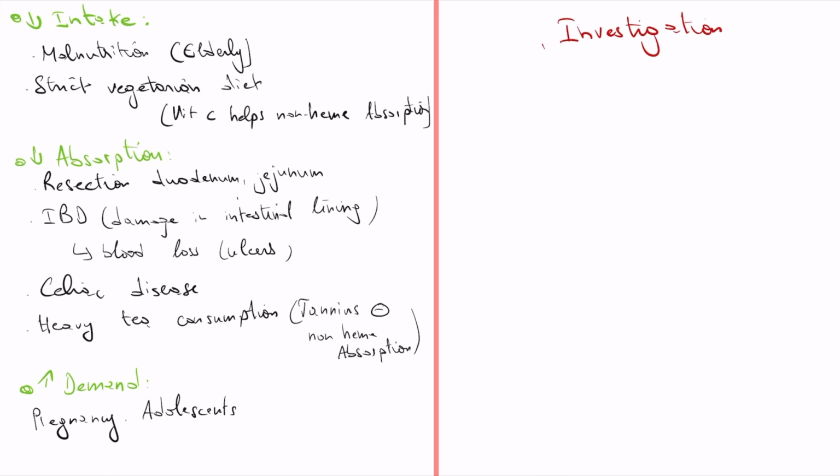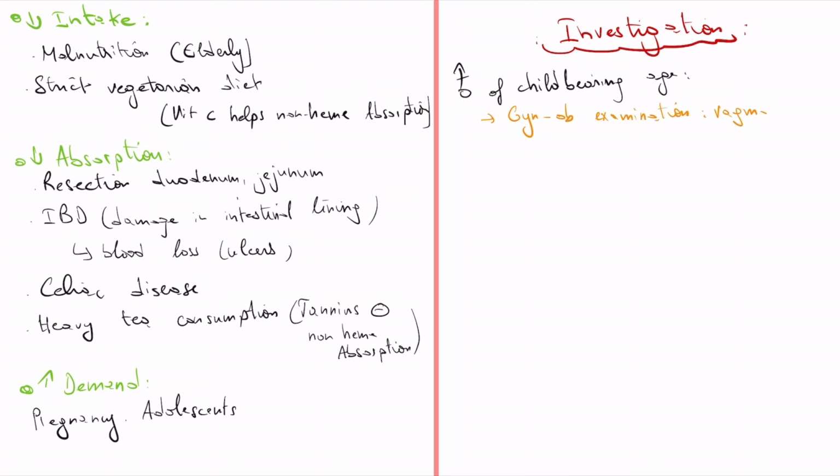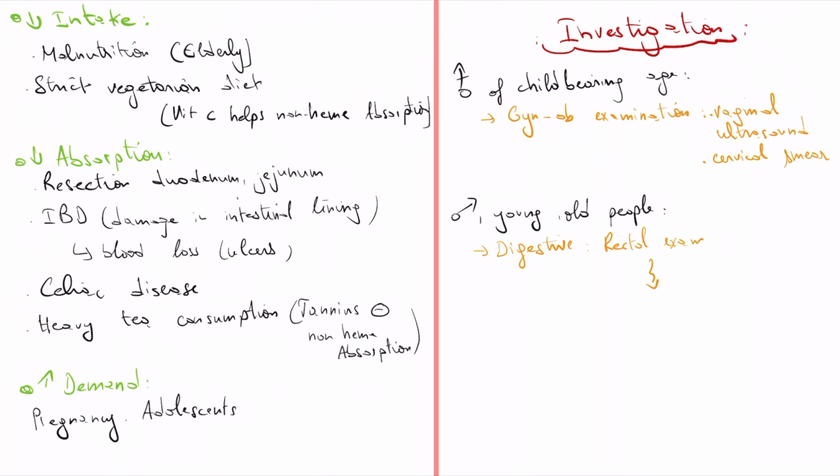For investigations, if it's a woman of childbearing age, you need to do a full gynecological examination from vaginal ultrasound to cervical smear. If it's men, older women, or kids, you need to do gastroenterological exam. You can go from OGD to colonoscopy and even biopsy.